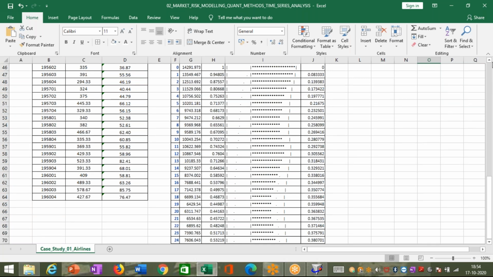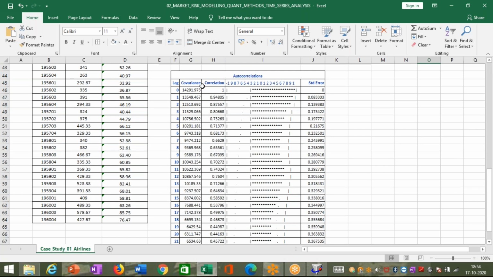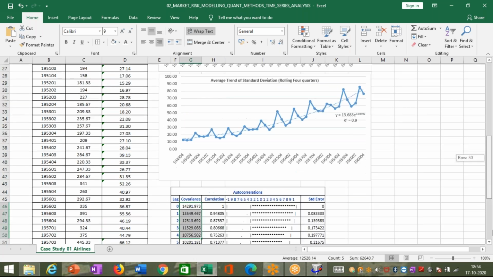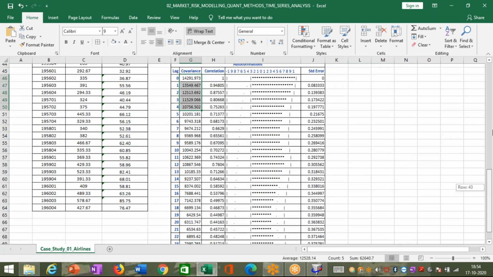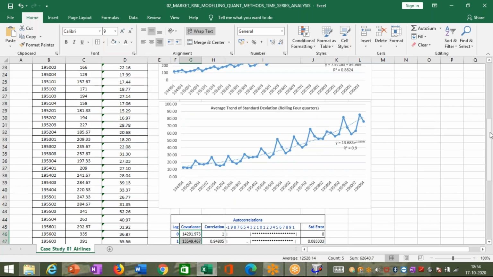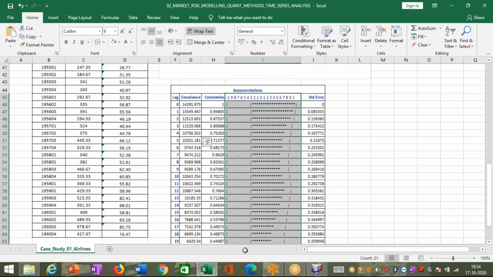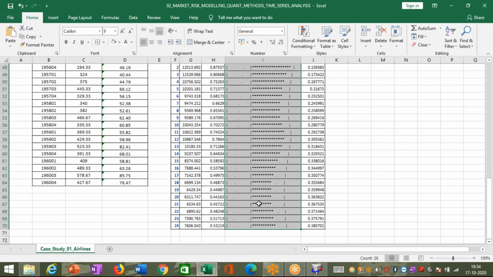So one thing that you can see is that if you plot these covariances, right? What I'll do is I will plot the lags and the correlation in a bar chart, right? So I will not be keeping this exercise. I will be plotting it in a bar chart. So the moment I do it in a bar chart, you will be able to better see this. So let me delete this part.